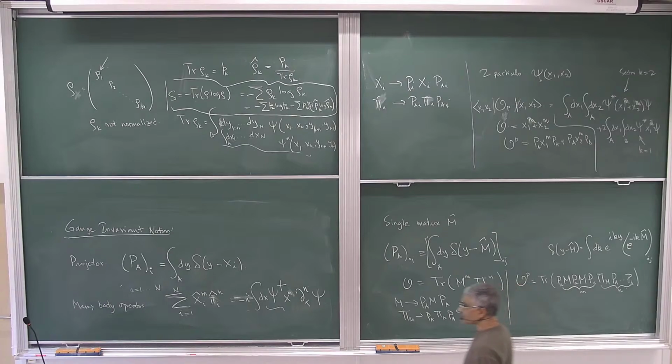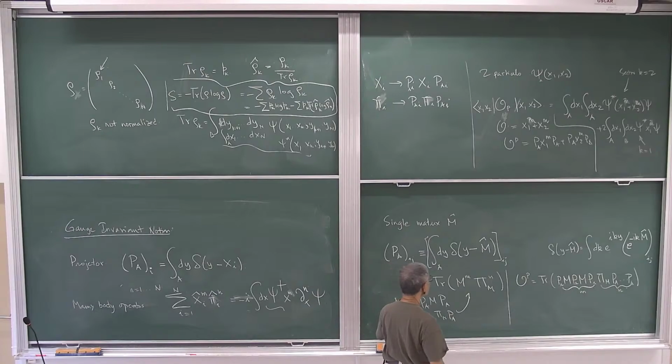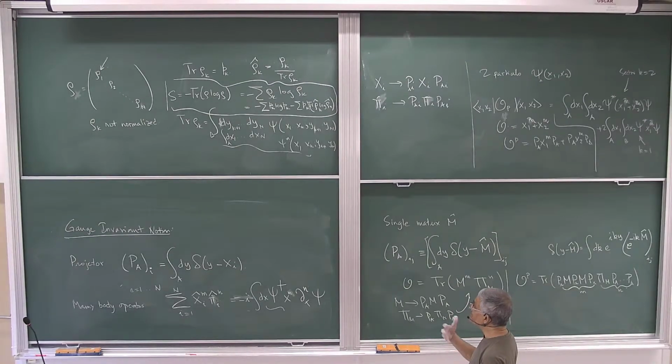So this is some abstract construction. What does it mean? Of course, everything is now gauge invariant. There's a trace of something, so it's completely gauge invariant. The operators which you have constructed are also gauge invariant. They are projected operators.